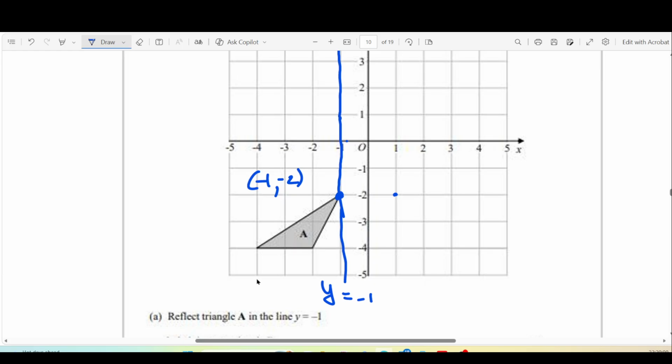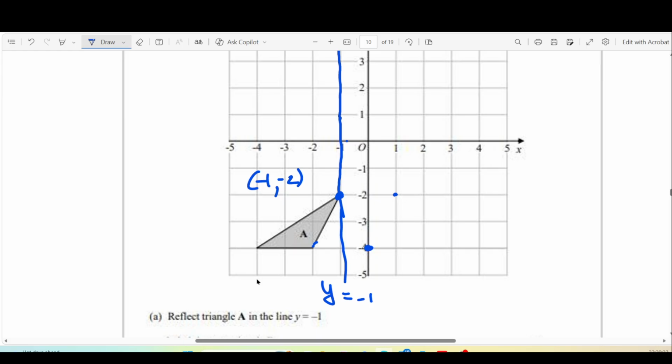So we'll keep the x coordinate the same and find the new y coordinate by ensuring the distance to the mirror line, this is the mirror line, is equal on both sides. Now there we have negative 4, so this is going to be my next point, right?